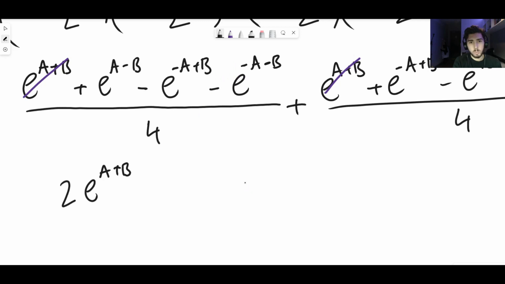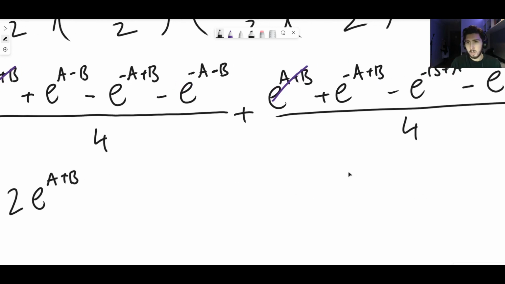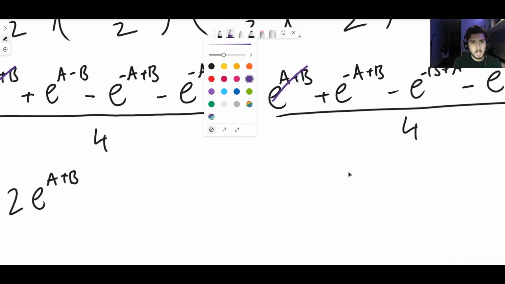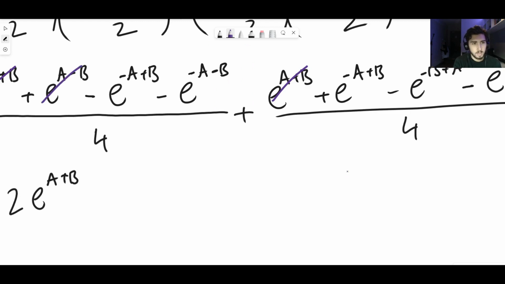We now want to gather up all of the a minus b's, if there are any. There is a minus b plus a, that's the same thing. So e to the a minus b cancels out fully with e to the minus b plus a, they're the same thing. Also minus e to the minus a plus b cancels out with plus e to the minus a plus b.